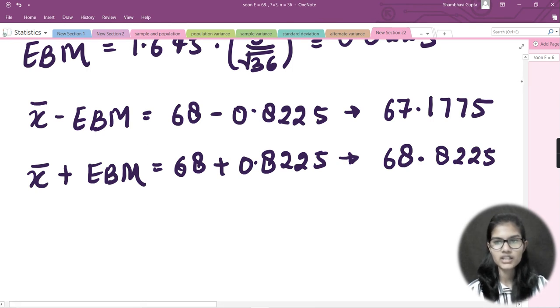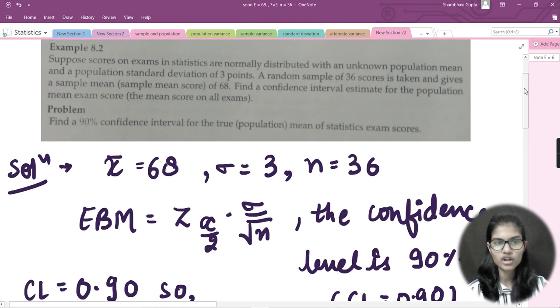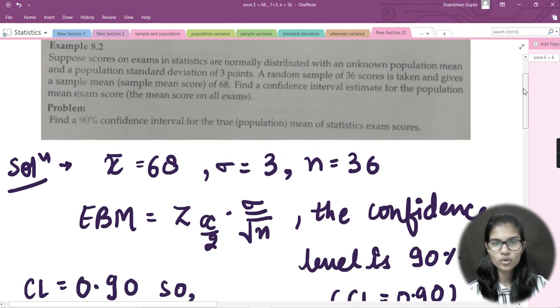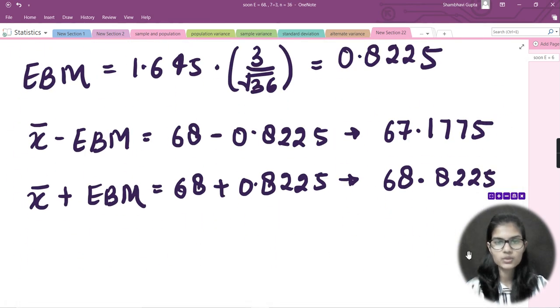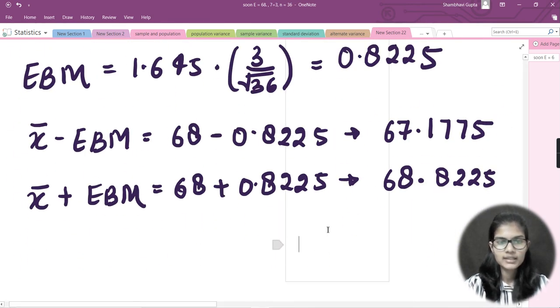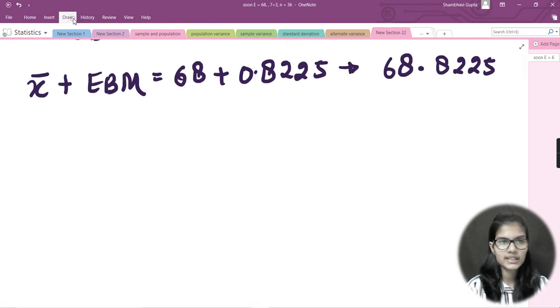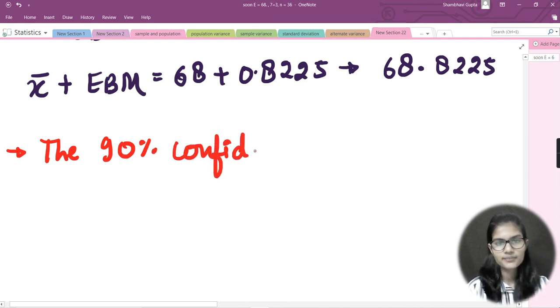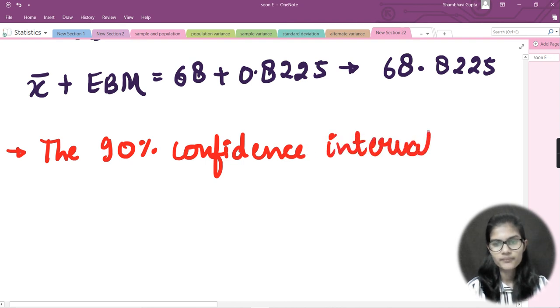Now, it was also asked to find the confidence interval. Find a 90% confidence interval for the true mean of statistics exam scores. This was also the thing which we needed to find. So my first point is the 90% confidence interval is, and here we got the values.